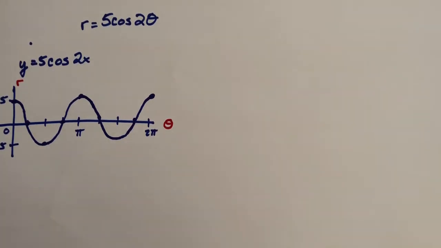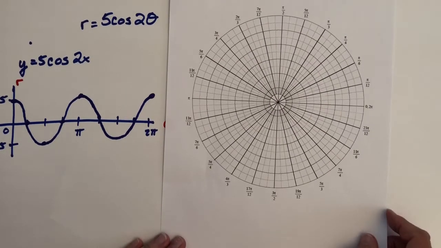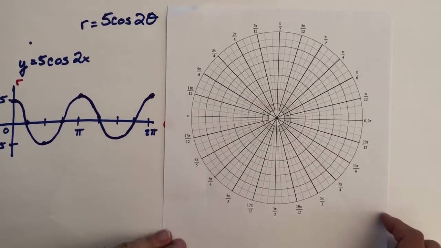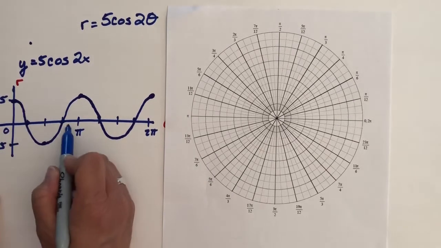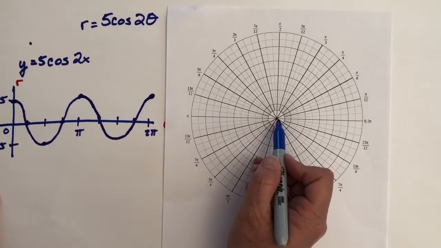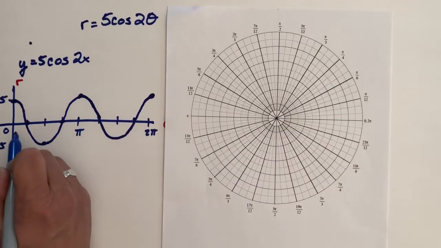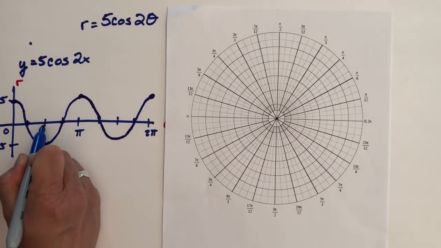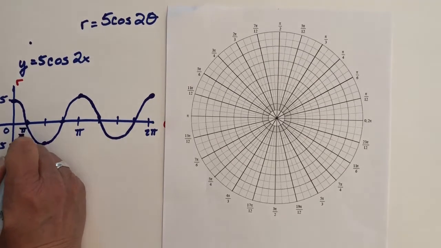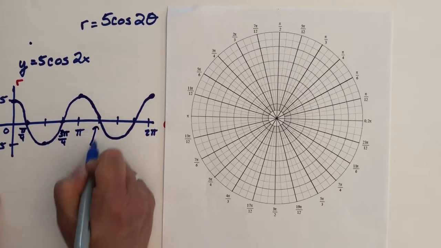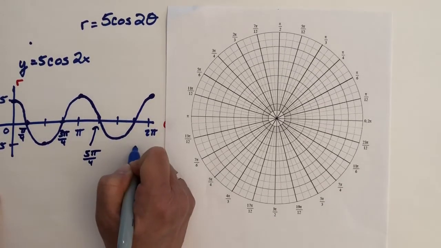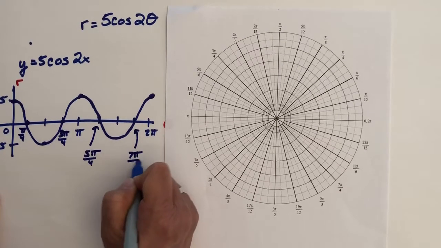And again, I want to put in the lines that will be our graphing guides for this particular graph. And remember, they are any points where the graph crosses the x-axis, meaning it will be crossing the pole. So this was pi, this is pi over 2, this is pi over 4, this is 3 pi over 4, this one right here is 5 pi over 4, and no surprise, that is 7 pi over 4.